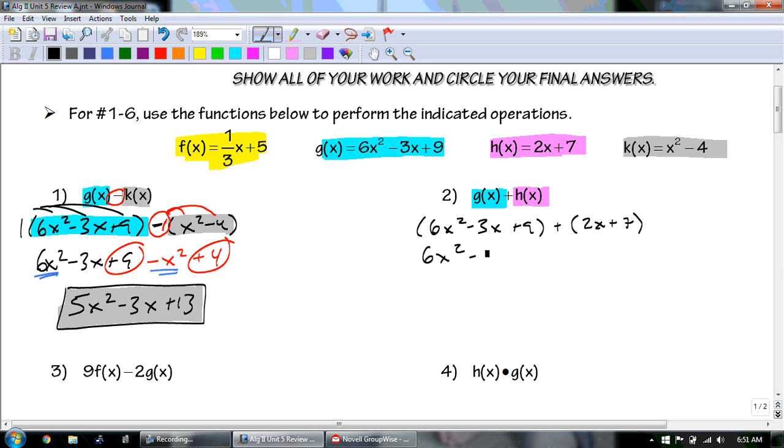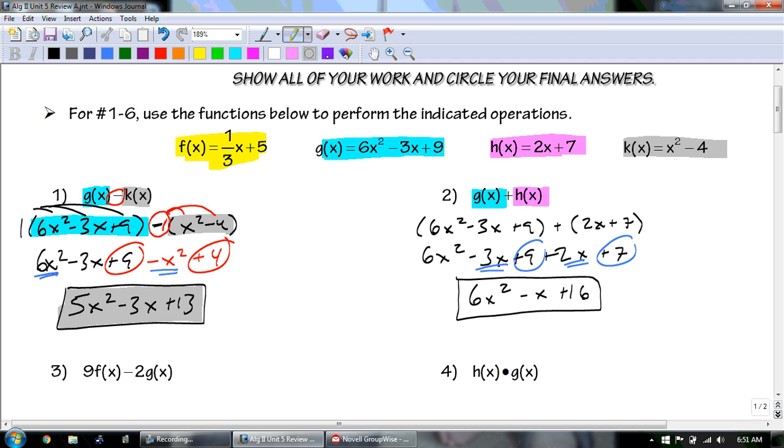It's going to just be 6x squared minus 3x plus 9, and the back is also positive, positive 2x plus 7. I combine my like terms. There's no other 6x squared. Negative 3 plus 2 is negative x, and then we have 9 plus 7, and 9 plus 7 is 16. So we get 6x squared minus x plus 16.